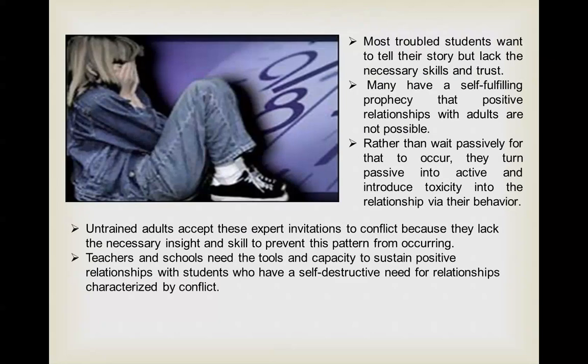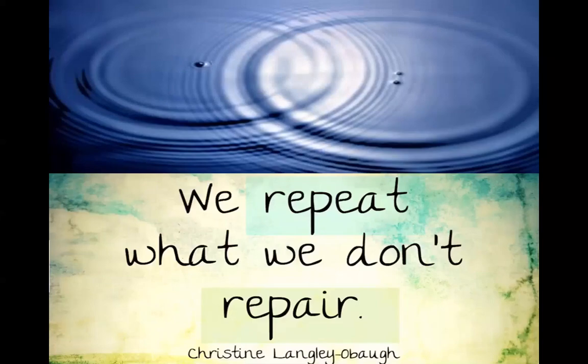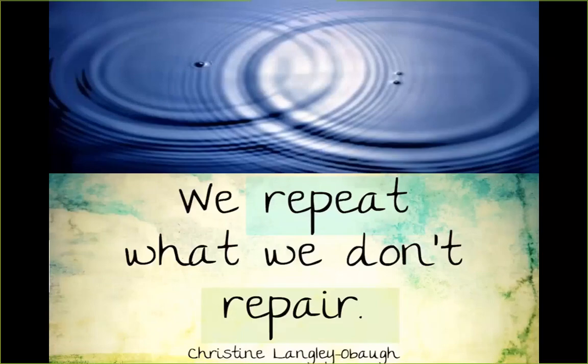Teachers and schools need the tools and capacity to sustain positive relationships, by the way, that are constructed on the student's acquisition of new replacement behaviors. And sustaining positive teacher-child relationships is critical to reclaiming students with EBD who are on a predictable trajectory to myriad troubling outcomes. And simply put, if we don't repair, we repeat.